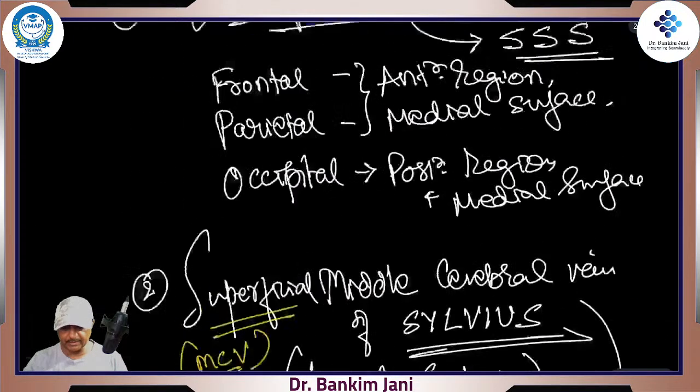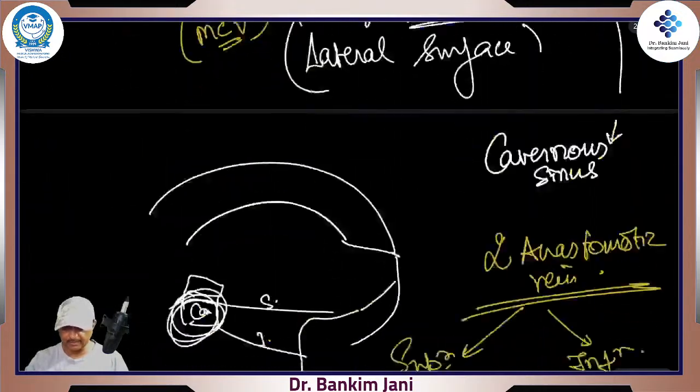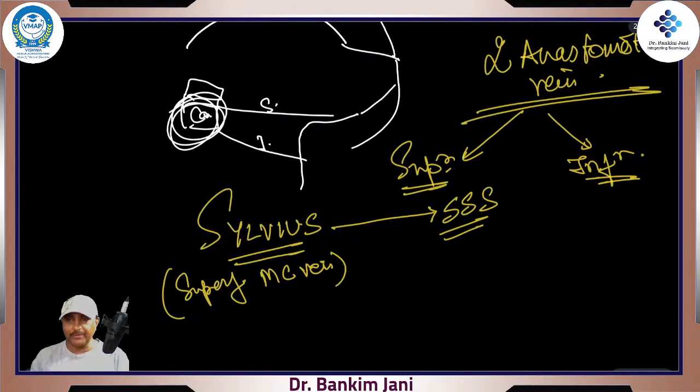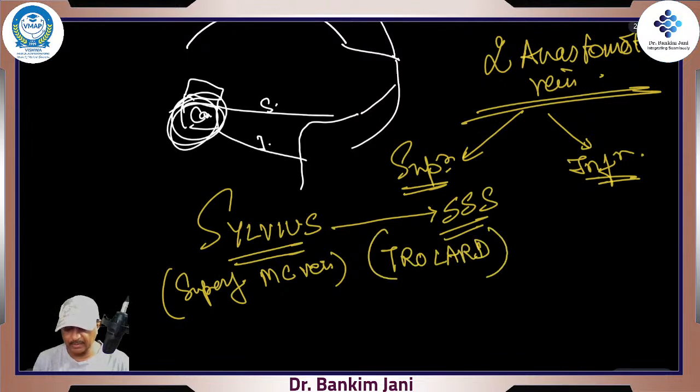Here it is. From the Sylvius, it is getting connected to the superior sagittal sinus. Fair enough. The second one, which is the inferior communicating, the one we call Labbé. And the superior one, the vein of Trolard. And this inferior communicating one, we call Labbé.